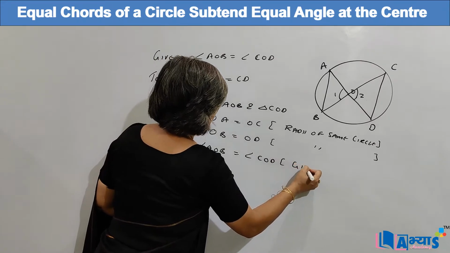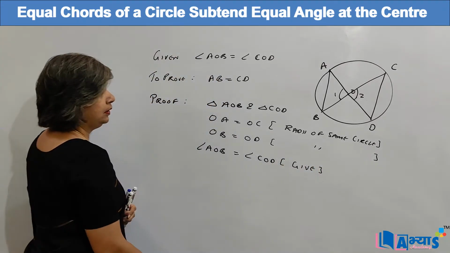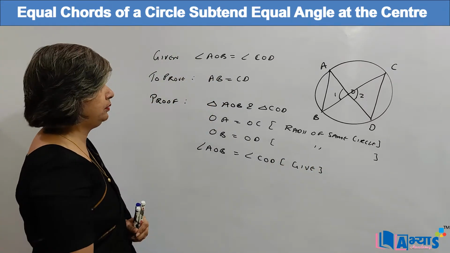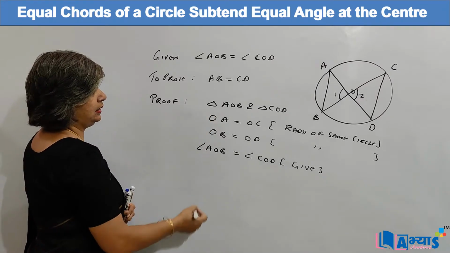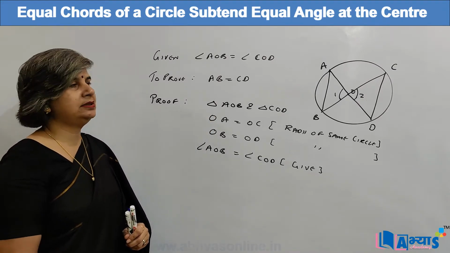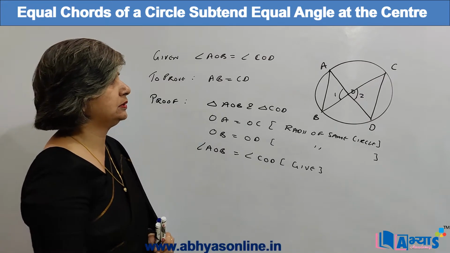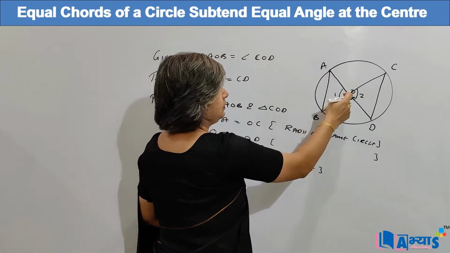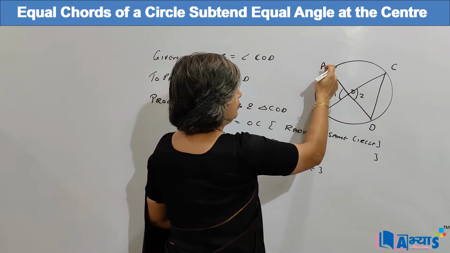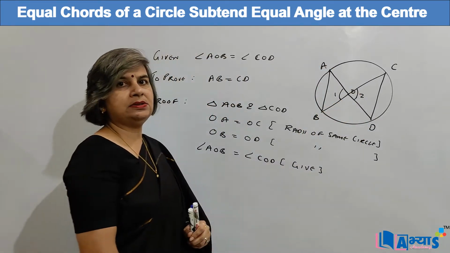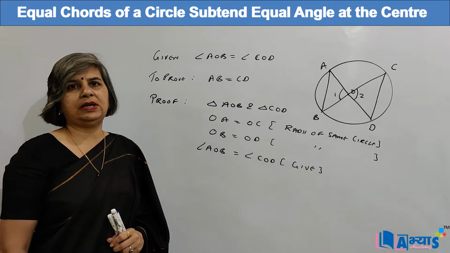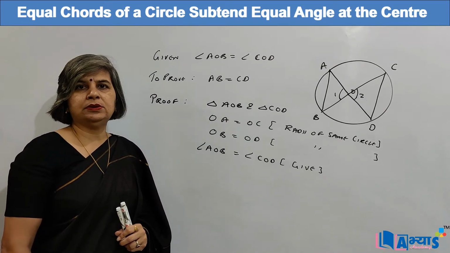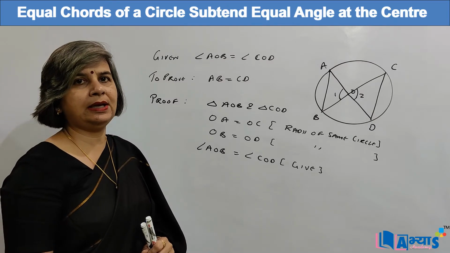It has been given to us because the angles are equal. Now the two triangles are congruent using the criteria SAS, that means two sides and the angle included between those sides. That means if AO is equal to OC, OB is equal to OD and the included angle AOB is equal to angle COD, then we can say that the correspondence is true using the criteria SAS.